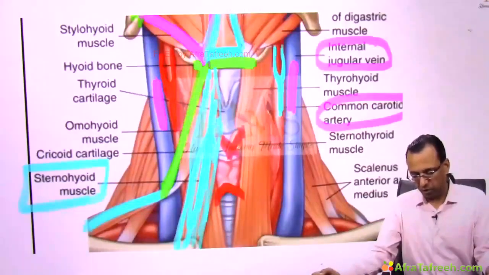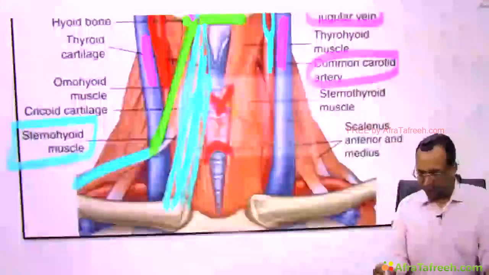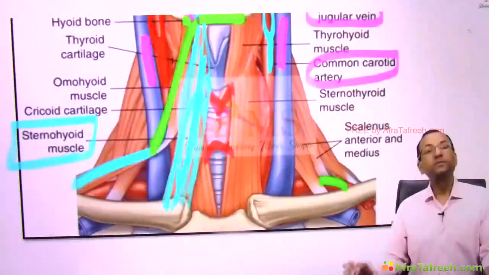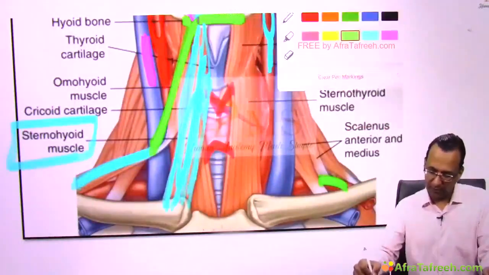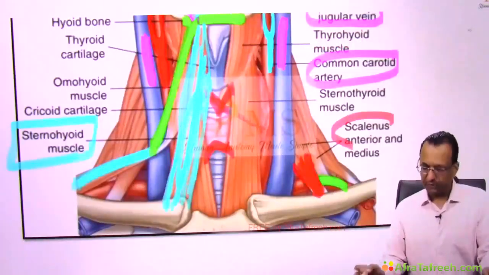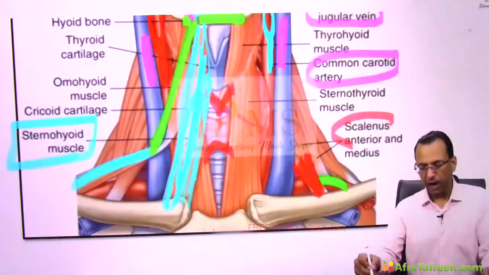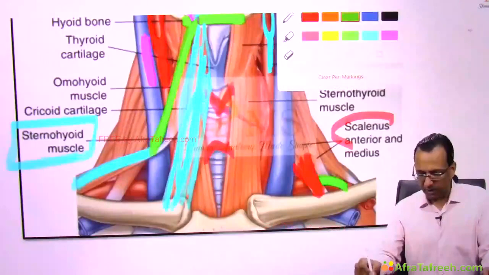Okay, what else do you want to know? I want you to understand the third part of the subclavian artery. How do you know? Because the second part is covered by this muscle, the scalenus anterior. Behind the scalenus anterior is the second part.